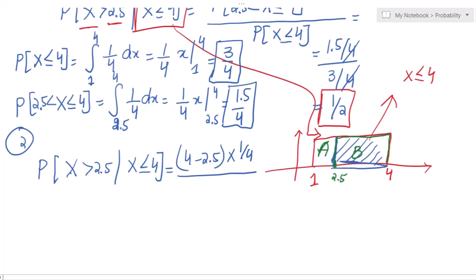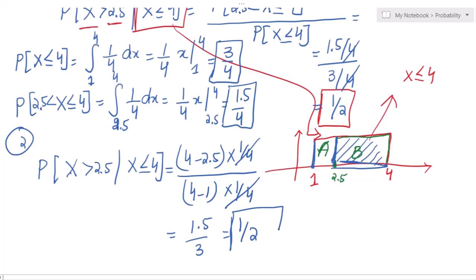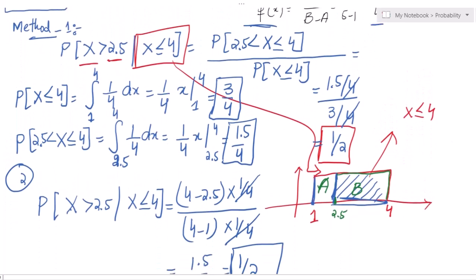Similarly, this is the total area: 4 minus 1, multiplied by this height, which is 1 by 4 as well. These two will cancel out, and we have 1.5 over 3, so ultimately we get the answer 1 by 2 as well. The two answers are equivalent.